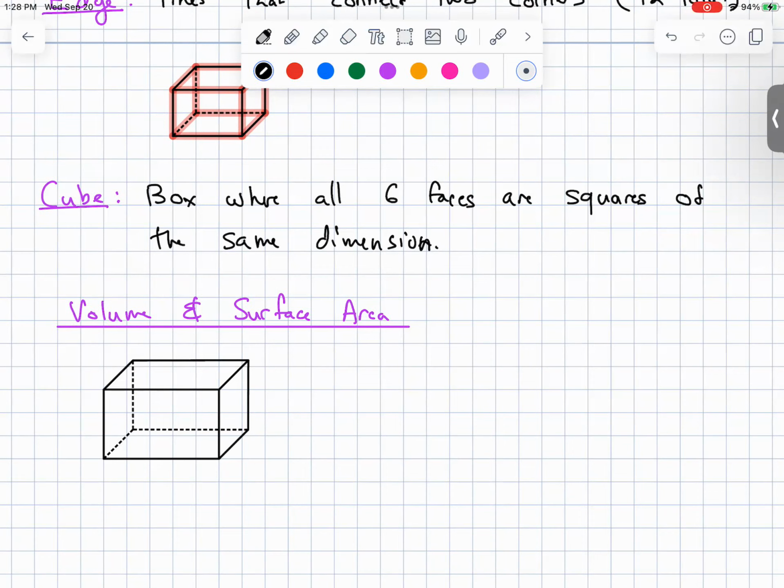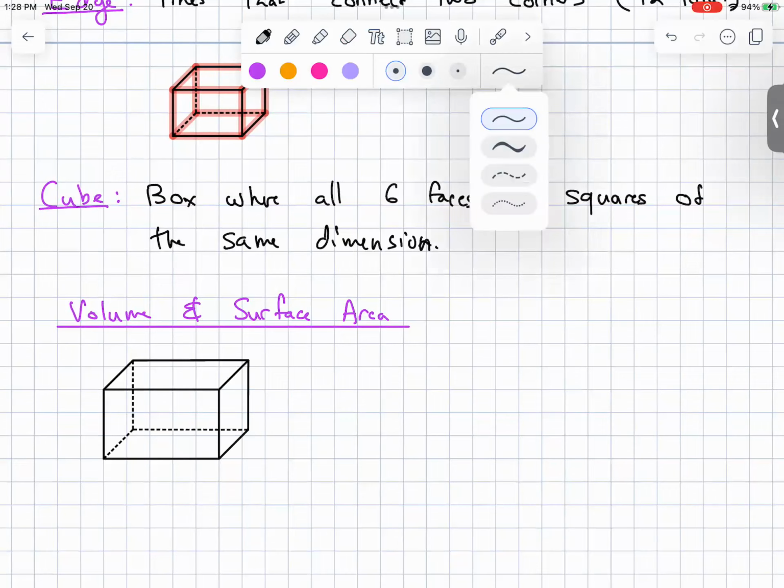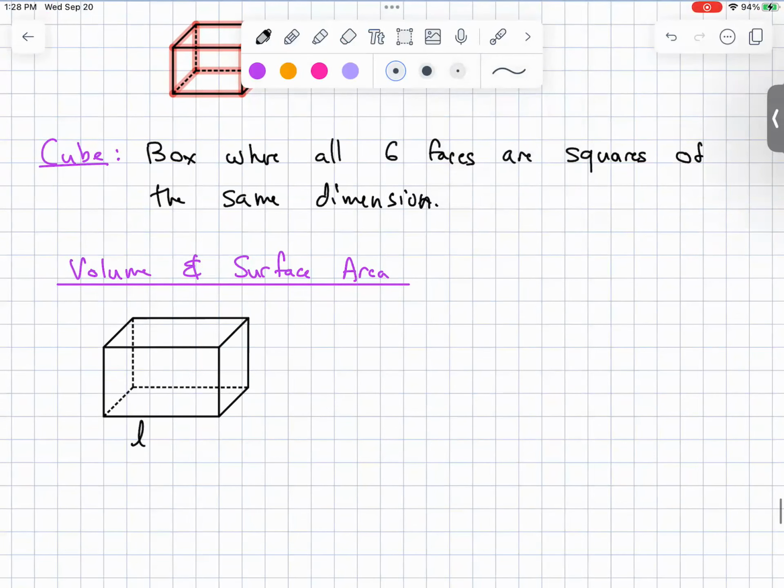So we typically measure them as length, width, and depth or height. So call the bottom one length, which we'll abbreviate L or capital L. And then width is on the side. And then height.